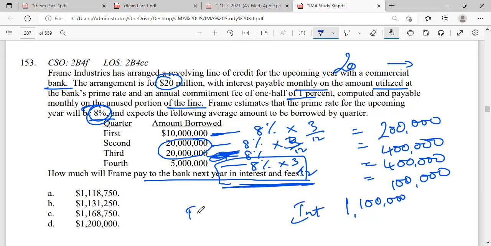Now, what about the fees? Fees is the commitment fees, which you are paying half percentage. So if you see here, this time you're using 10 million and 10 million is unused.